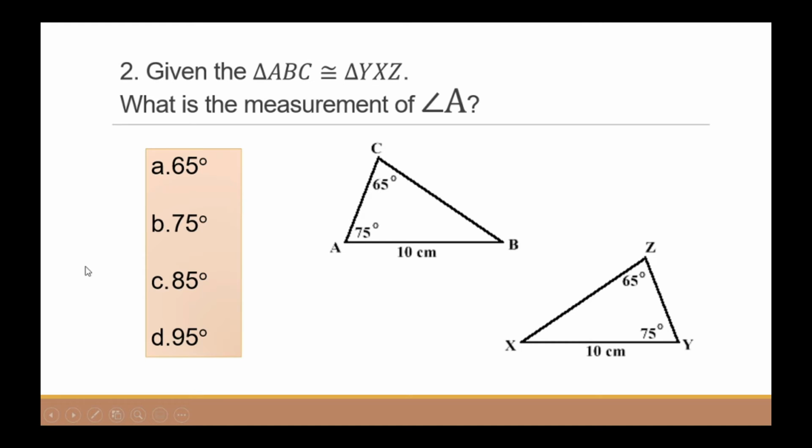Question number 2. Given the triangle ABC is congruent to triangle AYXZ, what is the measurement of angle A? Letter A, 65 degrees. Letter B, 75 degrees. Letter C, 85 degrees. Or letter D, 95 degrees.